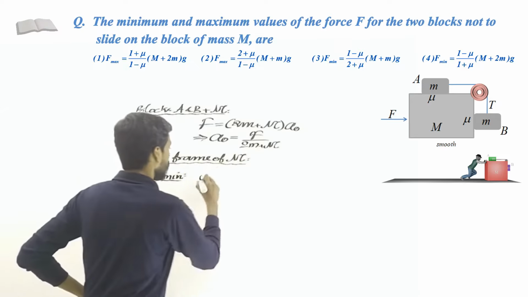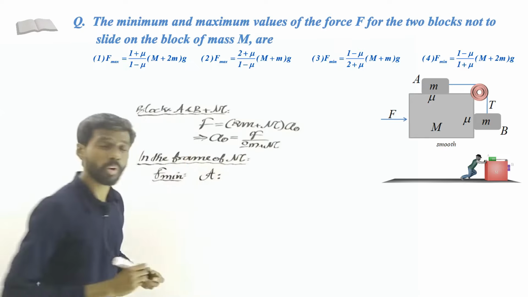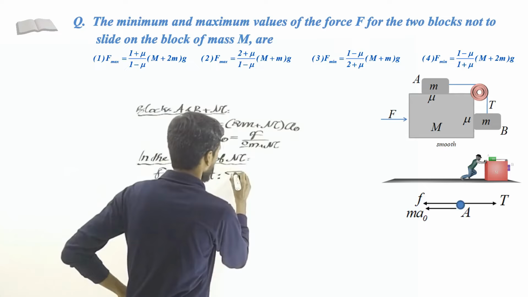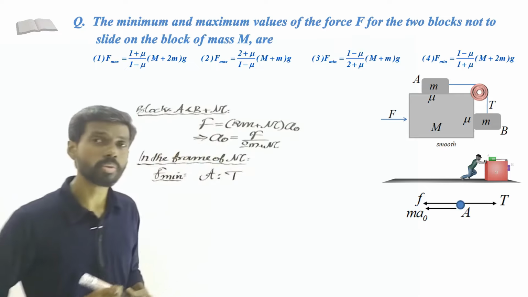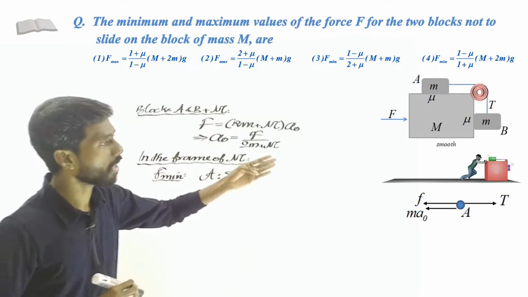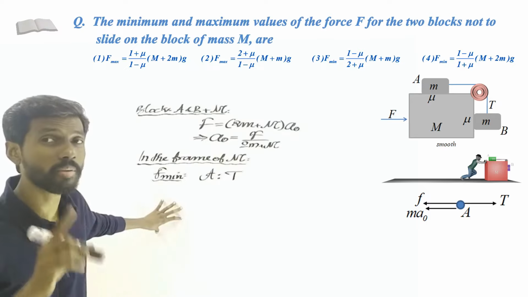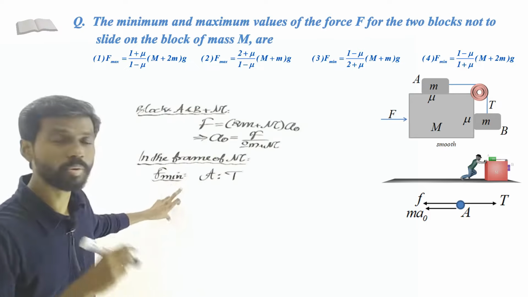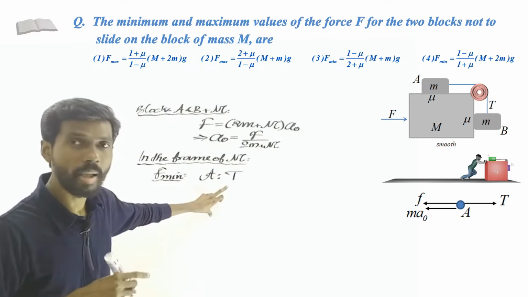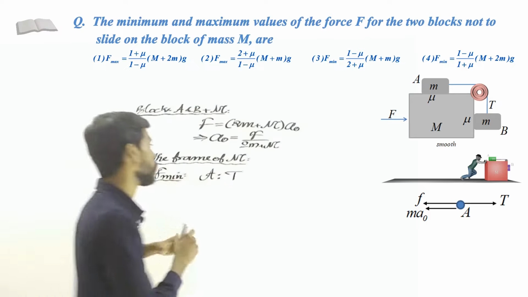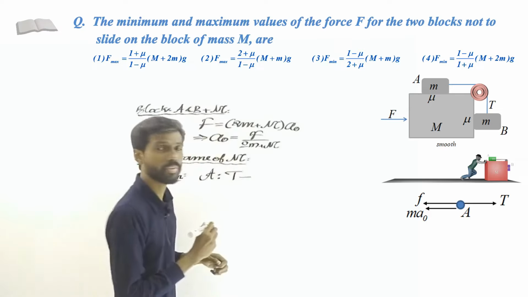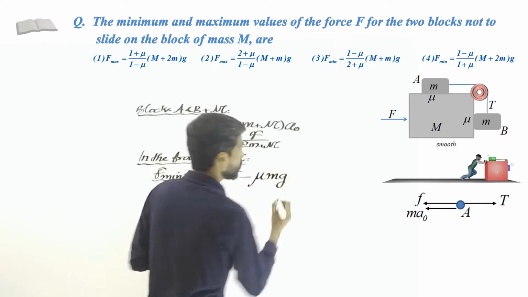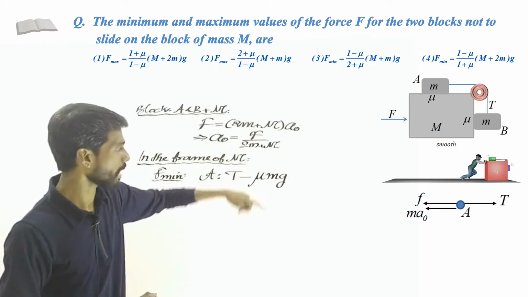Now let us write for block A. What are the forces acting on block A? The tension force T in this direction, the frictional force in the opposite direction, and also the pseudo force. See, direction is important, because otherwise you will get the maximum force. So T, minus friction, which is mu multiplied by the normal, and the normal is mg only, balanced by the gravitational force.